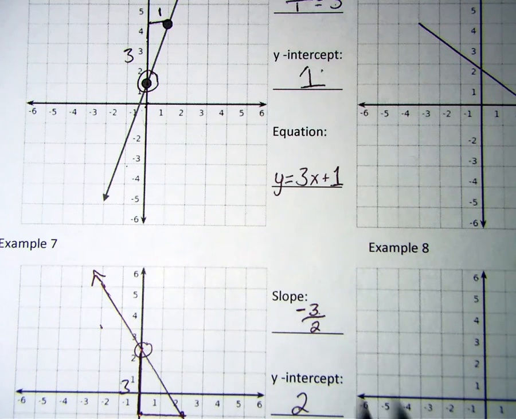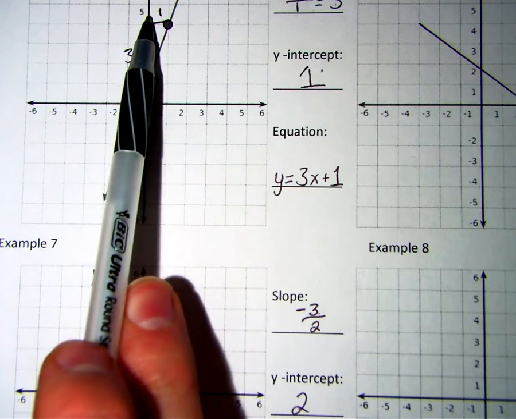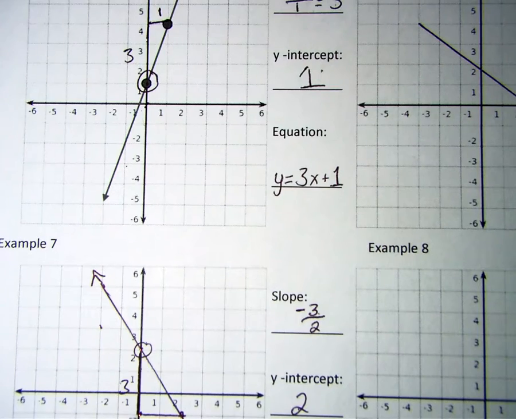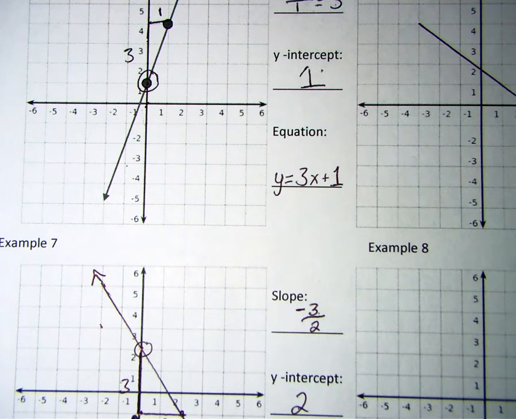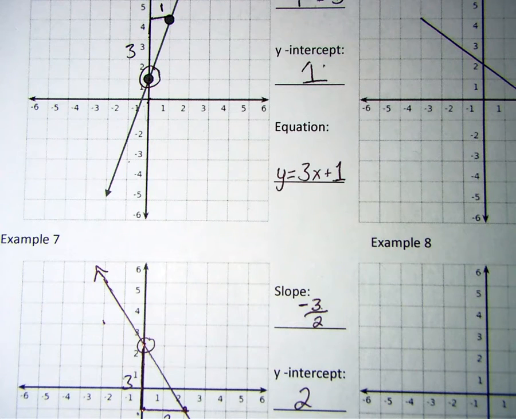At no point will we ever have a negative denominator because whether we're moving up or down to get to our next ordered pair, we will always be running forward. And so our run will always be a positive value.